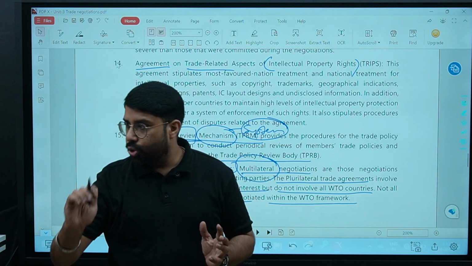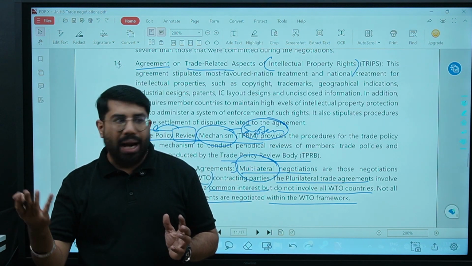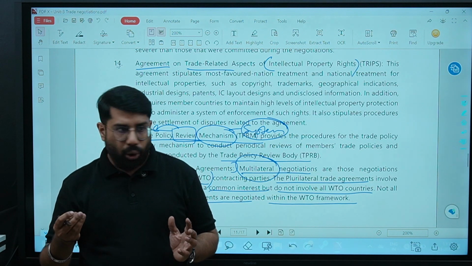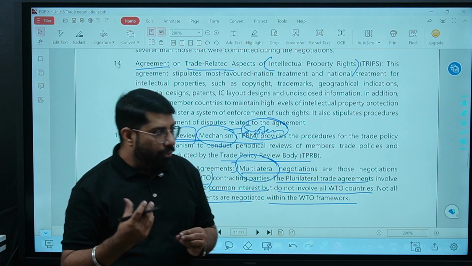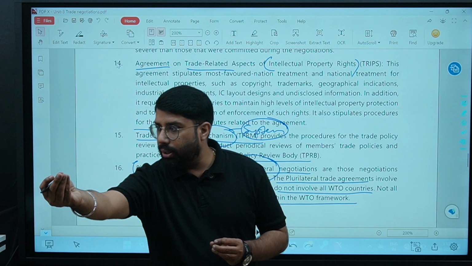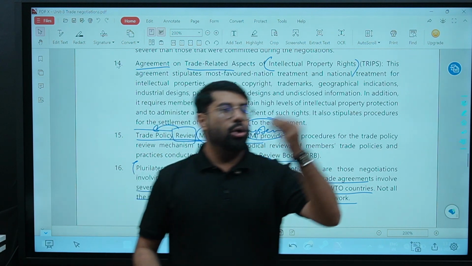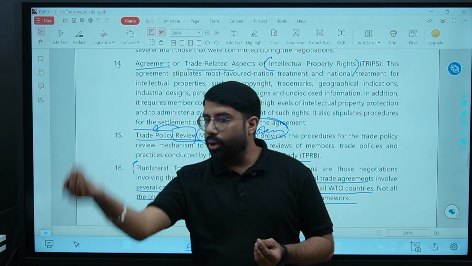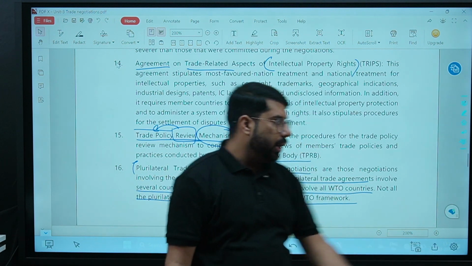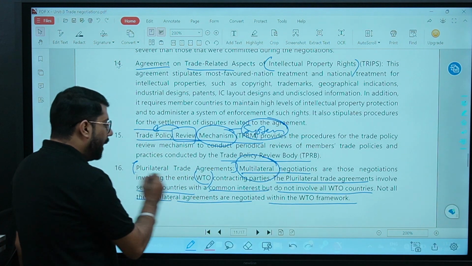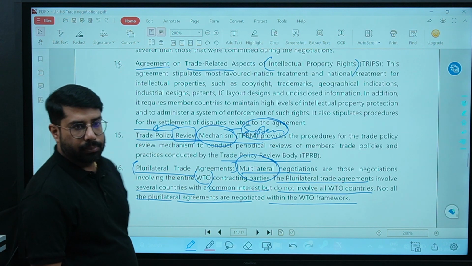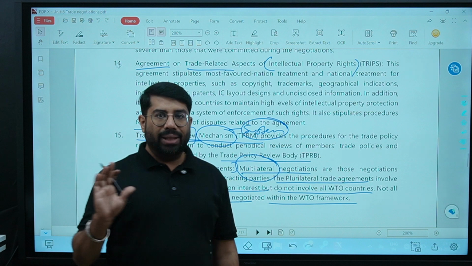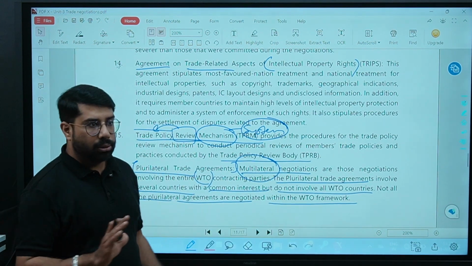So when a contract is made where many countries are involved, out of which a few are WTO members and a few are non-members, these contracts between members and non-members of WTO are known as plurilateral trade agreements. Are we clear? Done. So, these are the 16 WTO agreements we have understood.